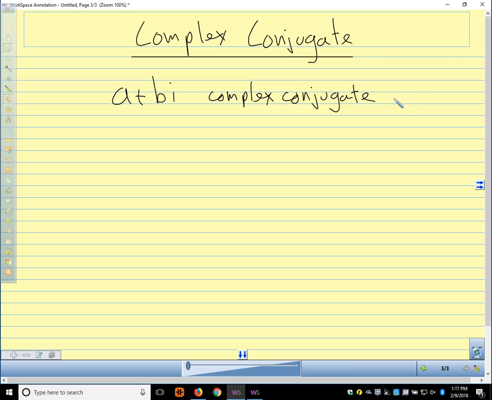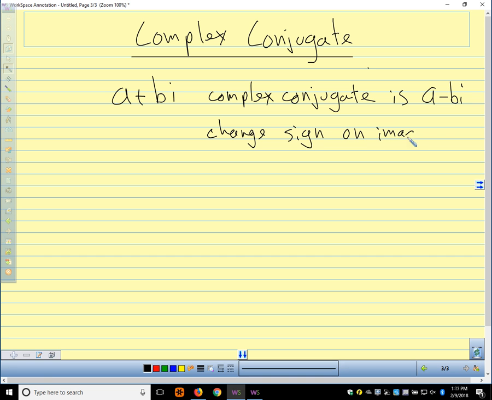The complex conjugate is a minus bi. We change the sign on the imaginary part. And we need the complex conjugate to do division.